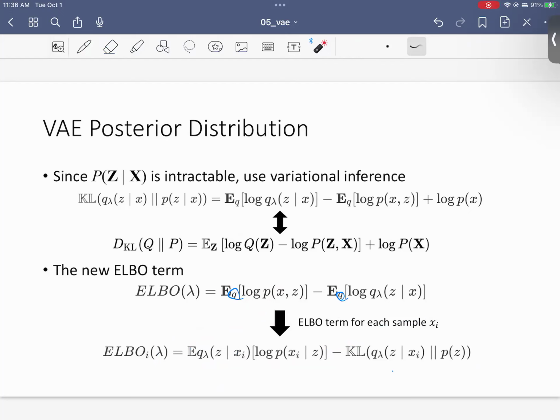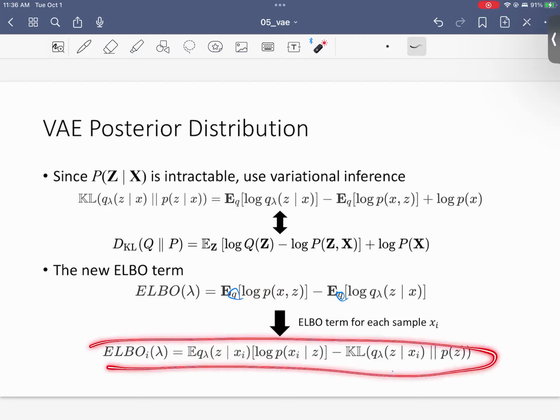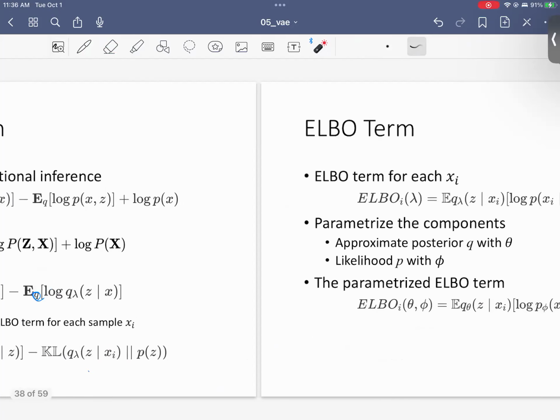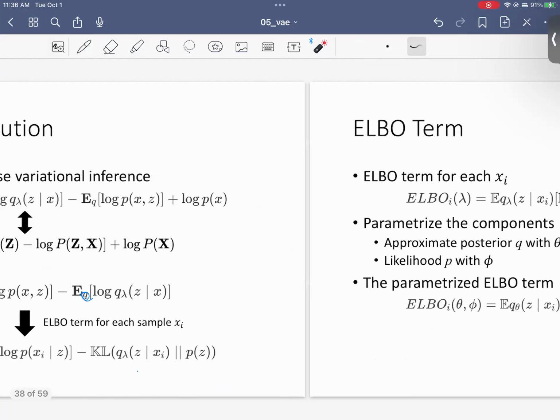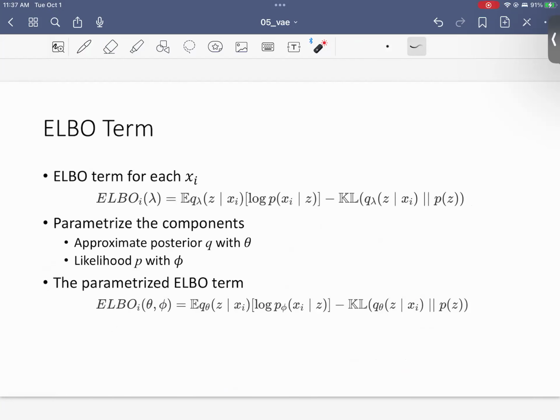Right. So as I said, our encoder depends on a specific MNIST digit image, and then based on that, it can generate Z, and that's why we write it like this, right? So if you look at the new ELBO term here, we call it the parameterized ELBO term, but this is just a manipulation of the concept.